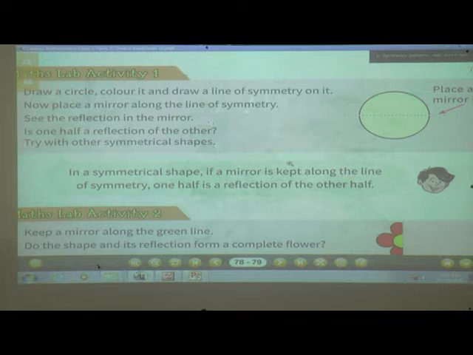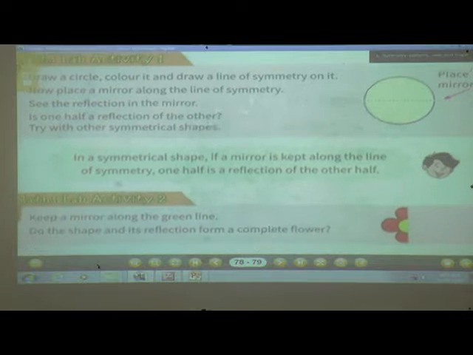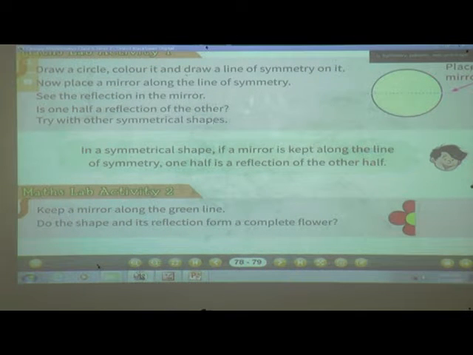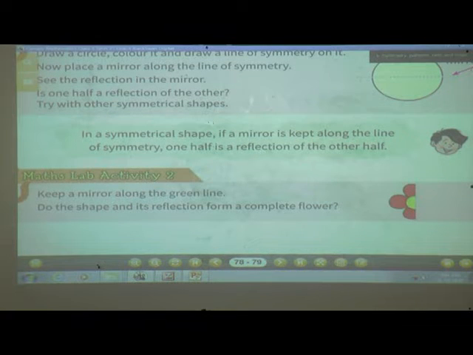In a symmetrical shape, if a mirror is kept along the line of symmetry, one half is a reflection of the other half. So always remember this. Now here, keep a mirror along the green line.